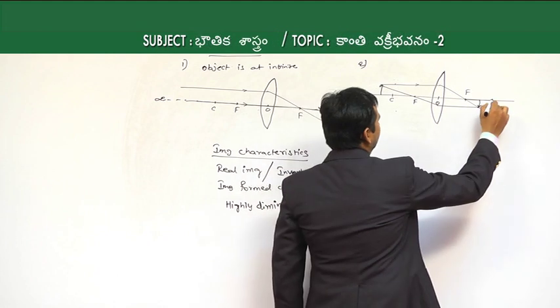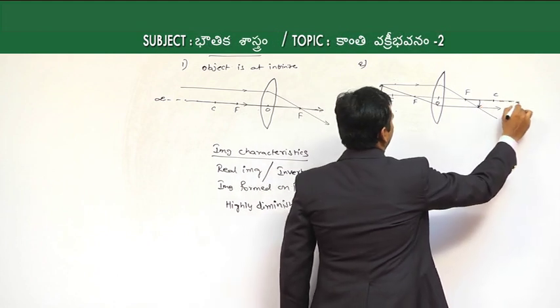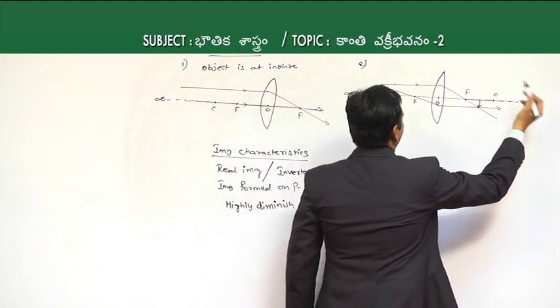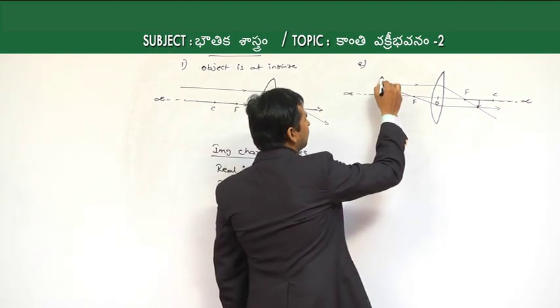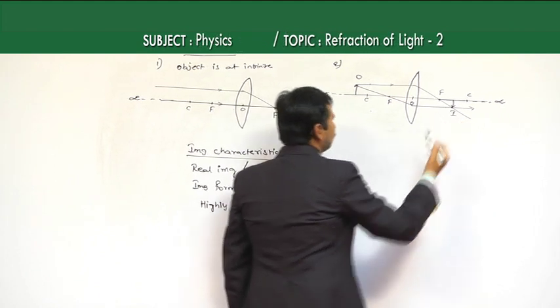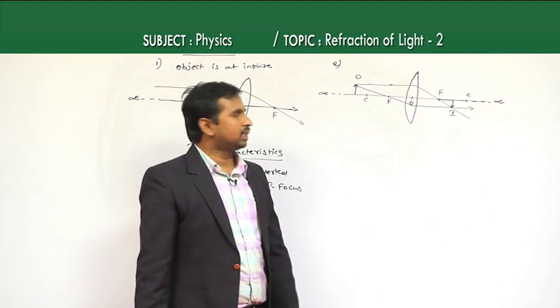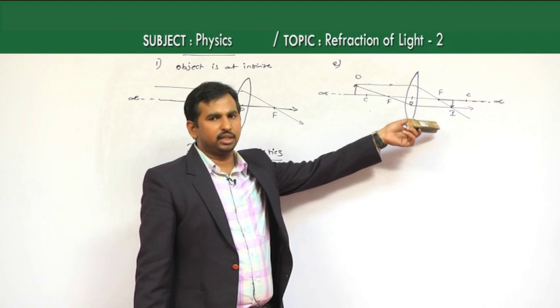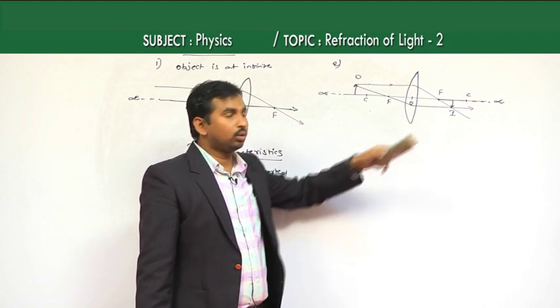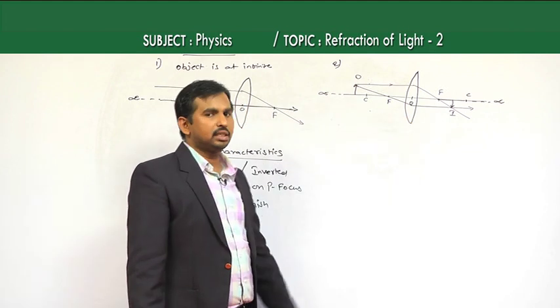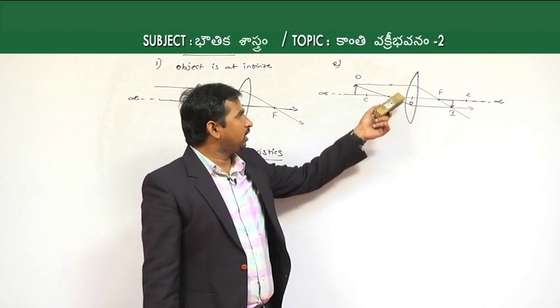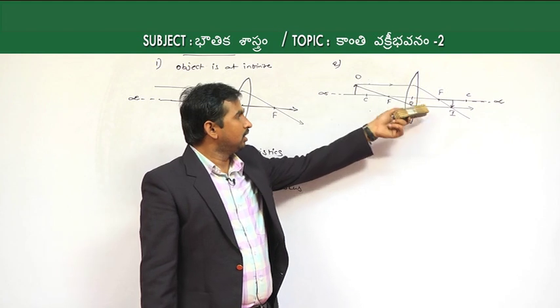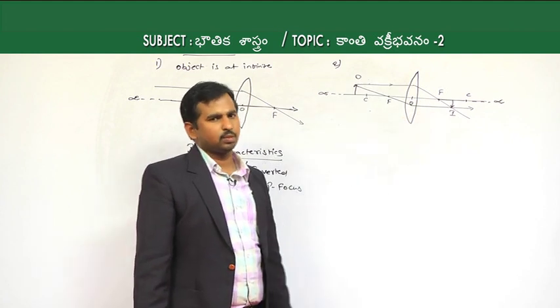Then if you observe here the size of the image, okay, when compared to the object size, the image size is a bit smaller. Yes, that is why here the image formed is a diminished one. And not only that, all the light rays here are really meeting at a point, and if I am taking the object above the principal axis, the image is forming below the principal axis here.